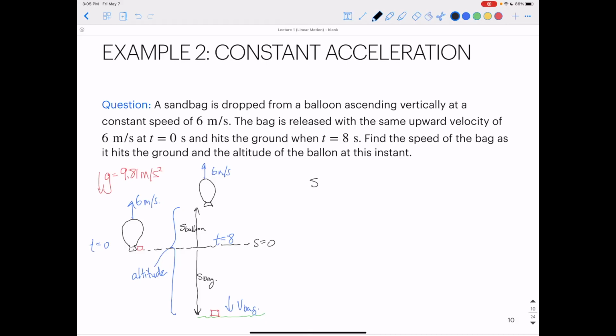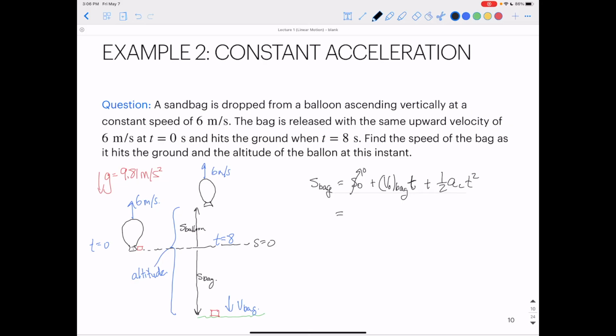From our equations, we can write the position of the bag is equal to s0, which is just 0, plus the initial velocity of the bag times t, plus 1/2 times our constant acceleration term times t squared. Now substitute in the values that we know.